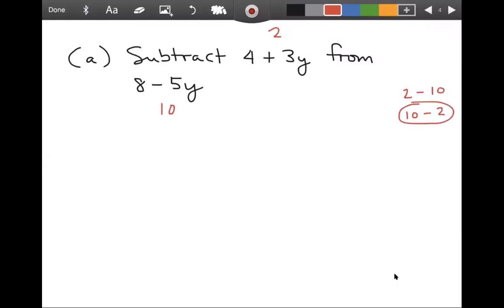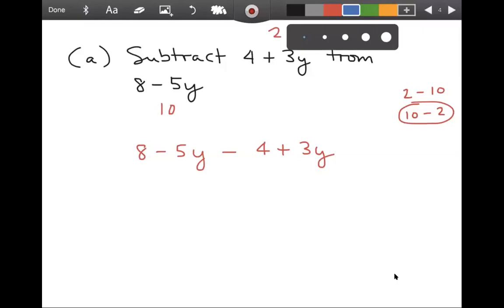So this is going to be something like 8 minus 5y minus 4 plus 3y. Okay, except not quite. There is one more thing that I need to point out about this. What is it that we're subtracting from 8 minus 5y? We are subtracting 4 plus 3y, which means whenever you subtract an expression that has more than one term, you have to put that expression in parentheses.